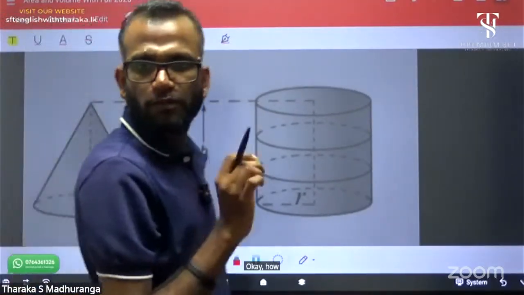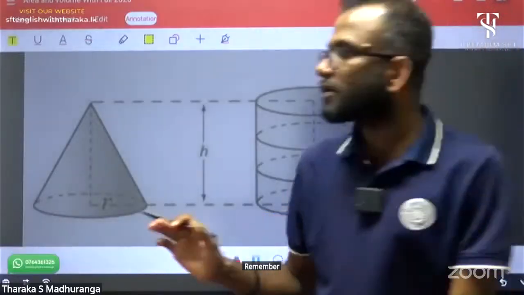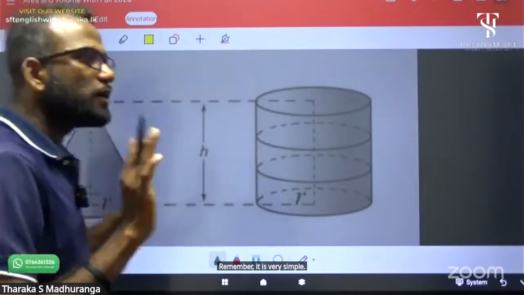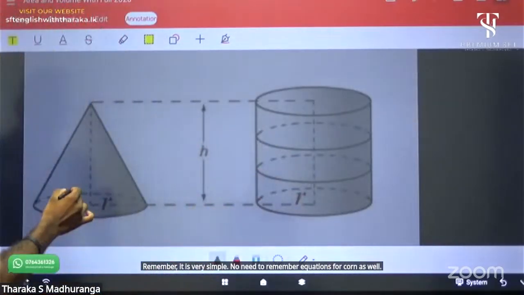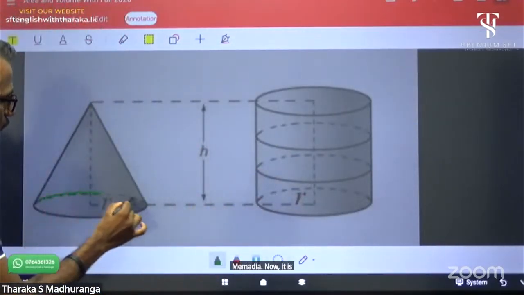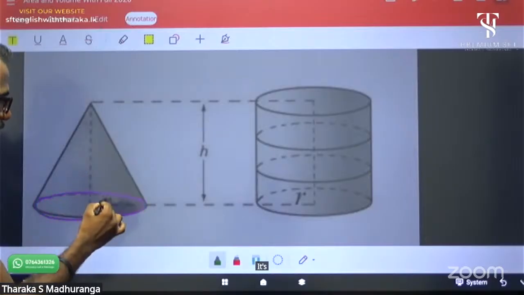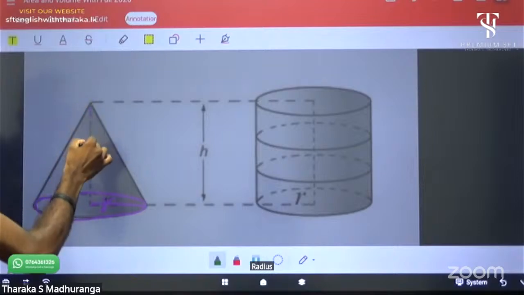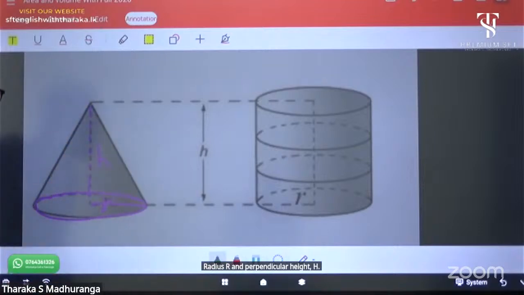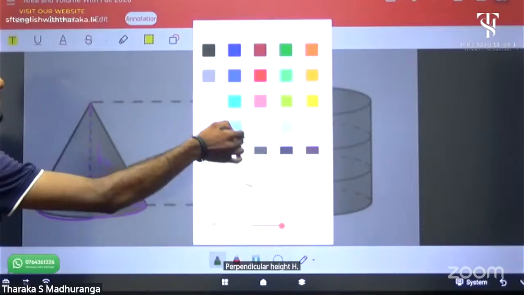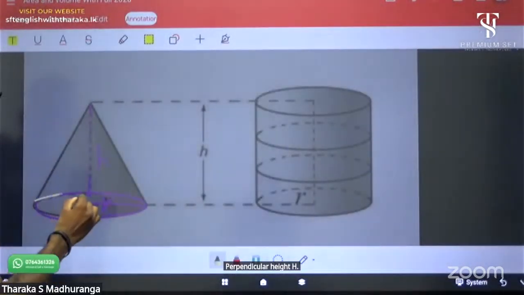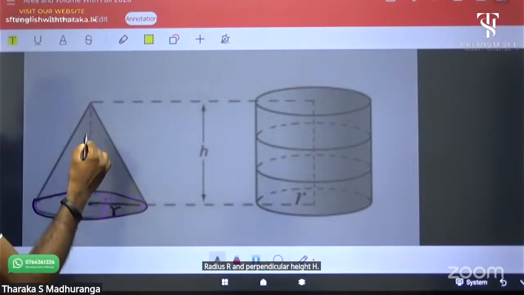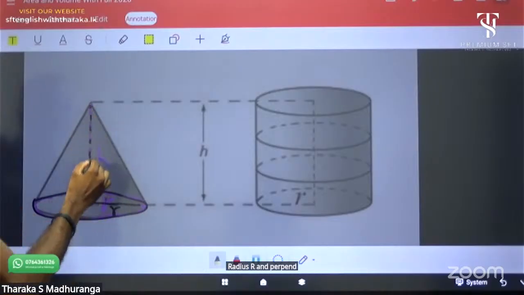Okay, how to get the volume of a cone? Remember, it is very simple. No need to remember equations for cone as well. Now it has radius r and perpendicular height h.